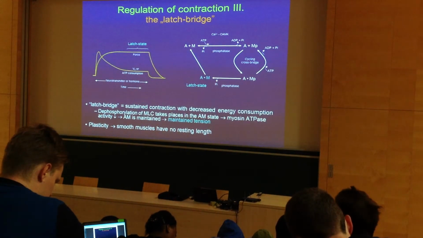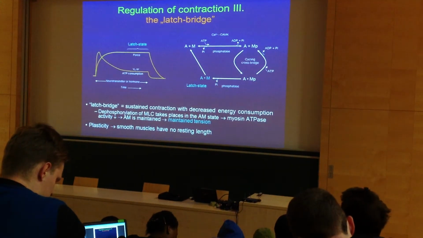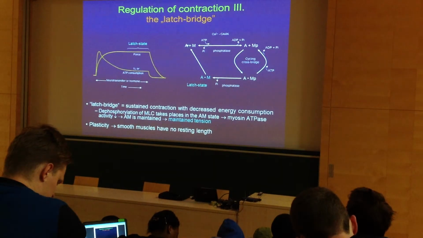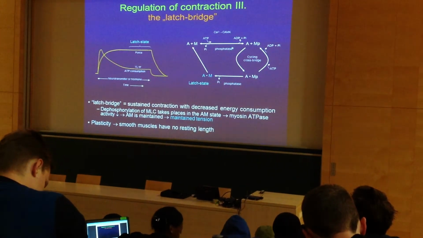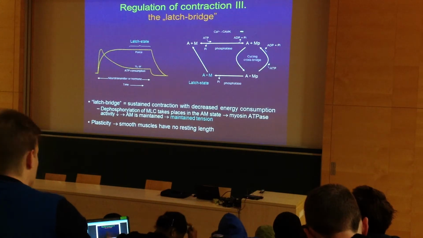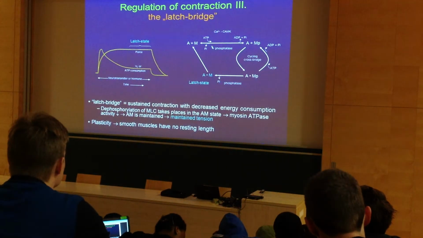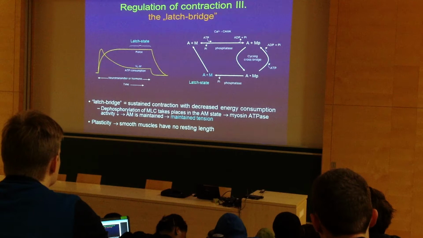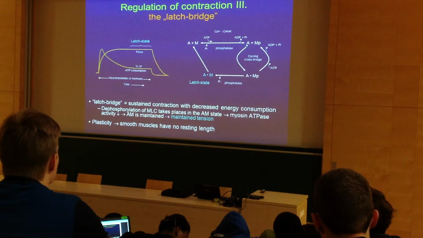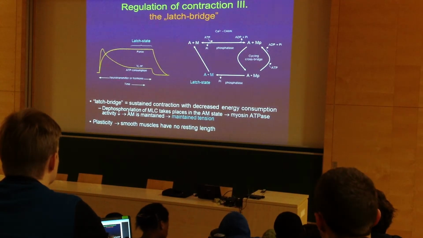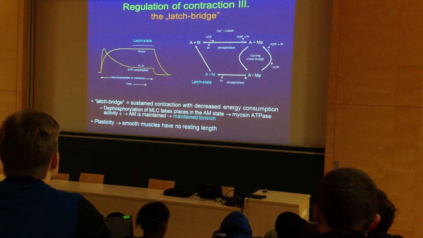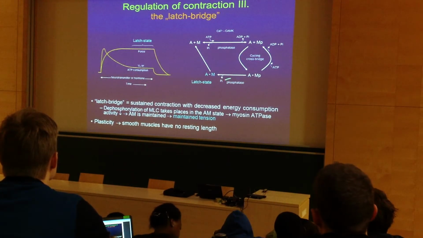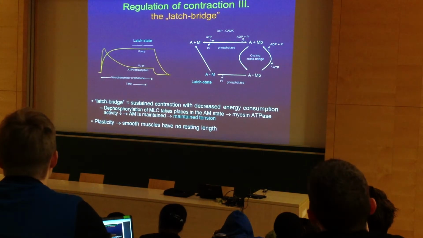So how is that brought about? Well, as we discussed, for the cycle to go on, you need the phosphorylation of the myosin regulatory light chain. But what happens if the myosin and actin are bound and you dephosphorylate the myosin?